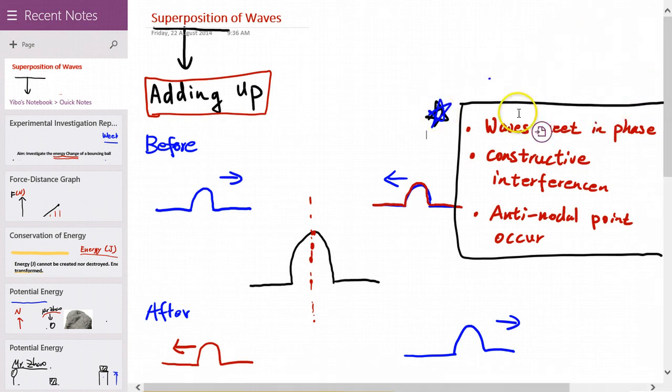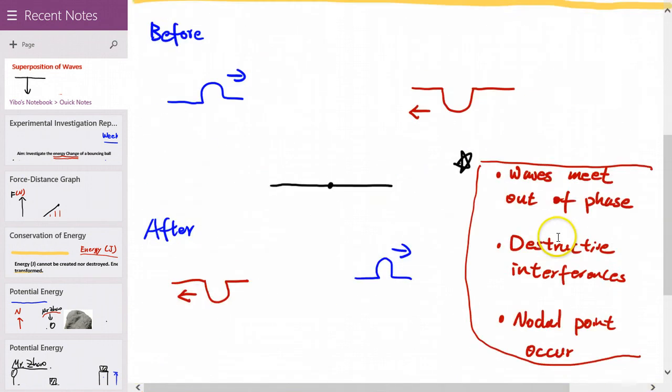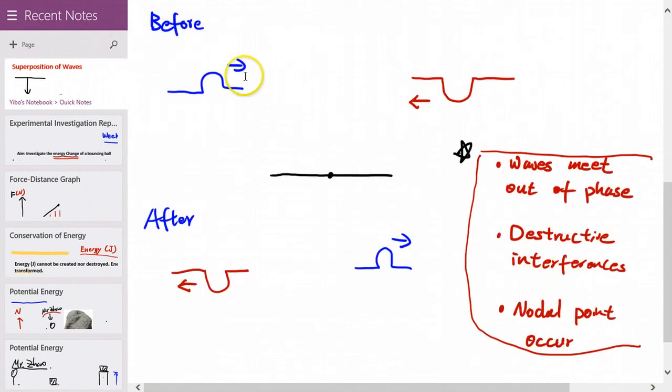Make sure you know what is meant by the superposition of waves, what happens when waves meet in phase, constructive interference, and antinodal points. When waves meet out of phase, we have destructive interference and nodal points. It means if this is a sound wave, at this point there's no sound. The waves basically cancel each other out due to destructive interference.